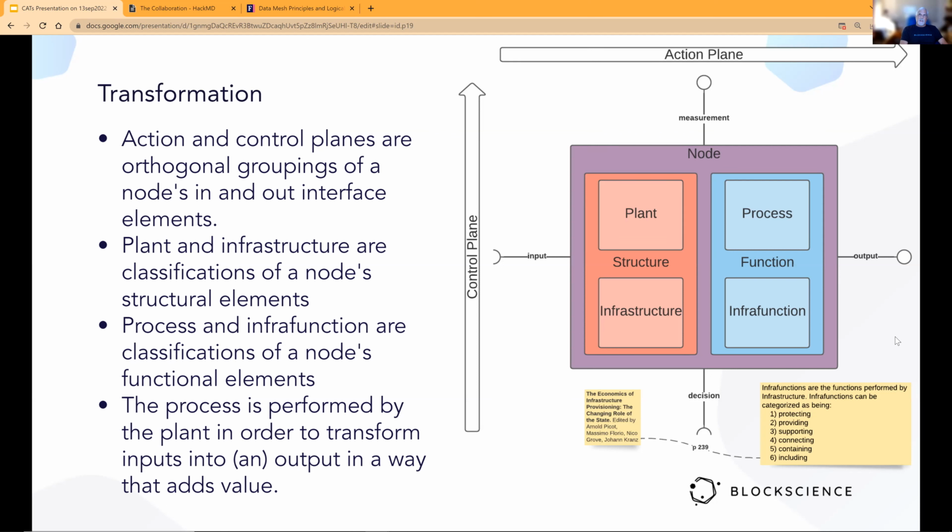These are pretty fuzzy boundaries between these things, and largely they're divided based on temporal characteristics. Infrastructure and infrafunction change slowly, and plant and process can change more quickly. There's a little definition at the bottom of this slide that gives a good description of infrafunction, which I found useful.